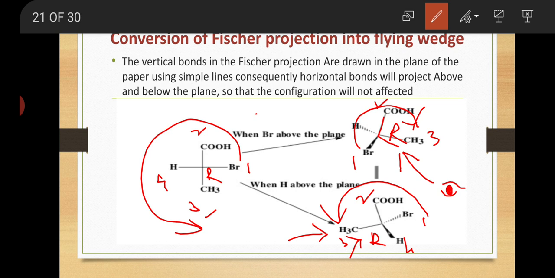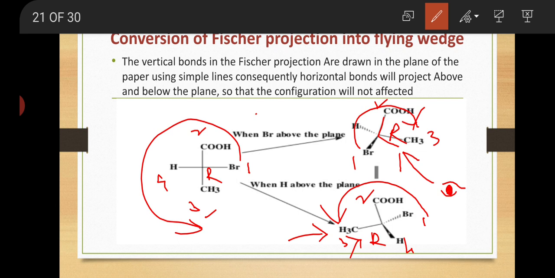Vertical bonds are placed in the plane of paper, whereas horizontal bonds are above and below the plane, so that the configuration is not affected during conversion.